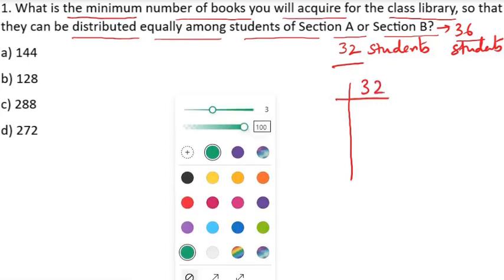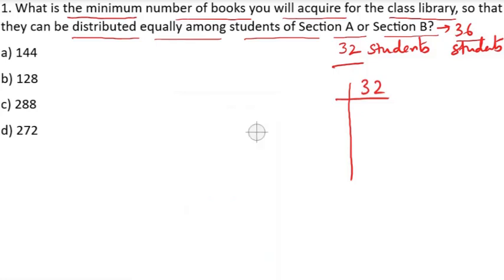You know that prime numbers start from 2, 3, 5, 7. These all are prime numbers.